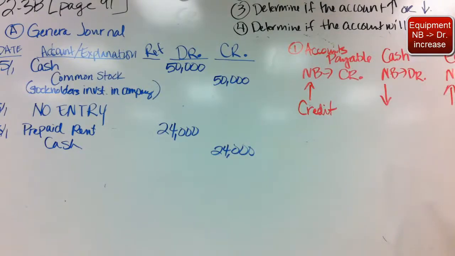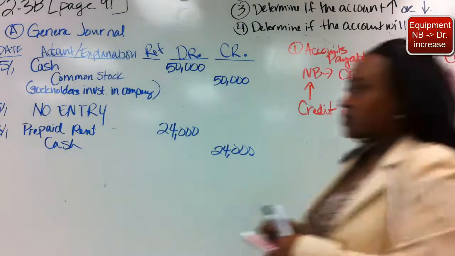Okay, what about cash? Now it decreases, so it's the opposite of the normal balance, so we're going to credit cash. And equipment, we're going to debit equipment. Everyone see that?